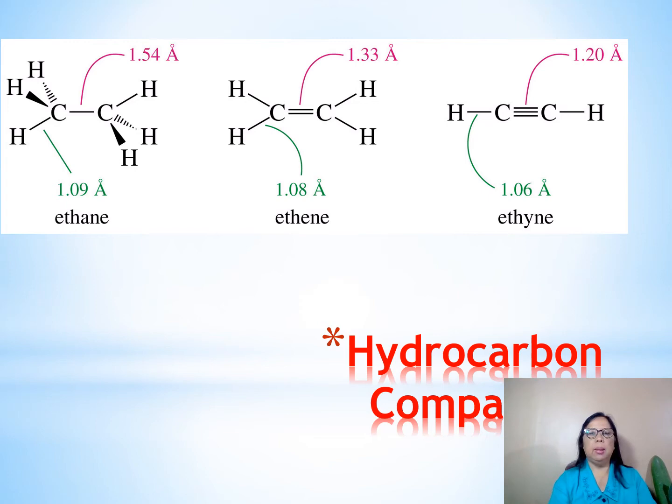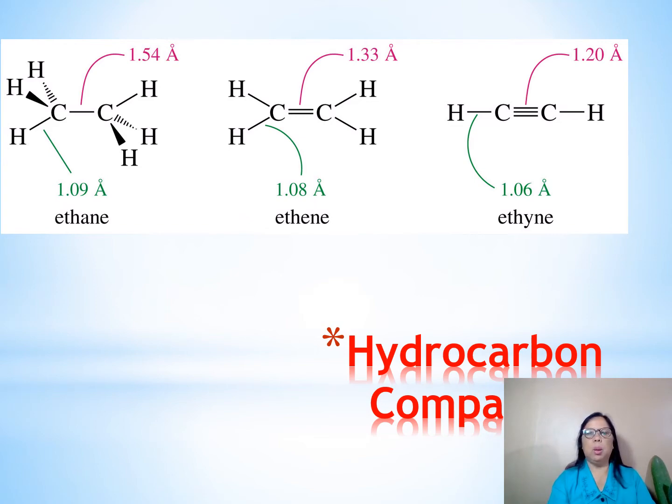And then for carbon-to-carbon double bond, 1.33. Here it had also decreased from 1.09 to 1.08. Sorry. And then we have 1.20 for the triple CC bond and 1.06 for ethyne.